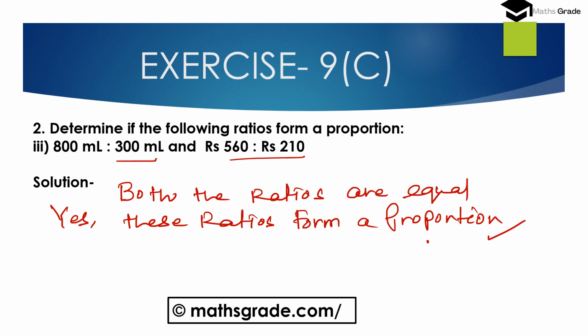So these given ratios, 800 ml is to 300 ml and 560 rupees is to 210 rupees, these ratios form a proportion.